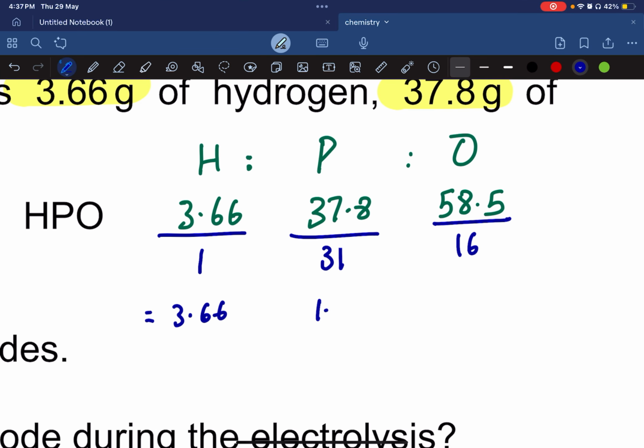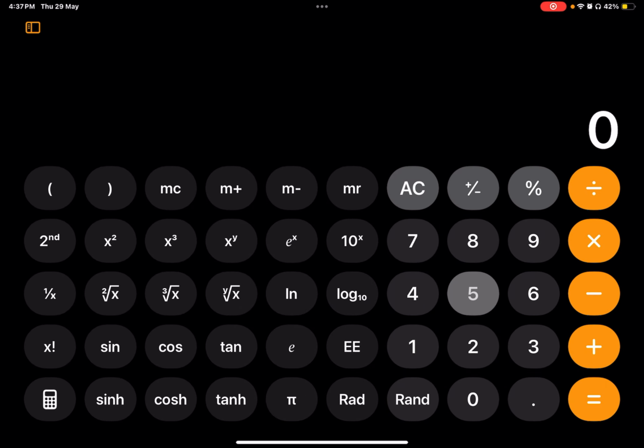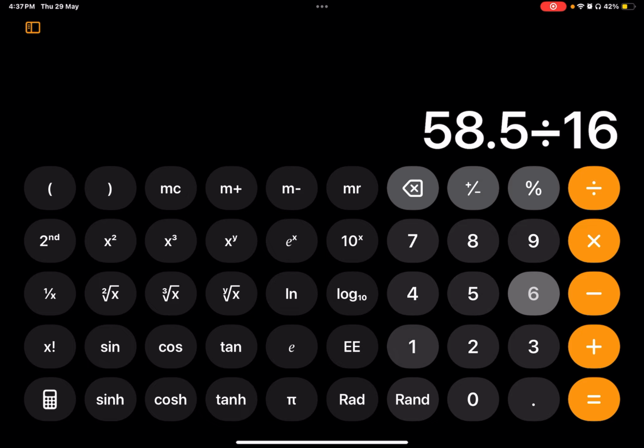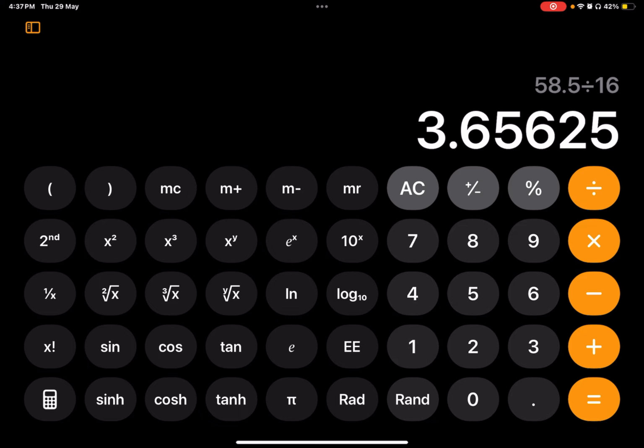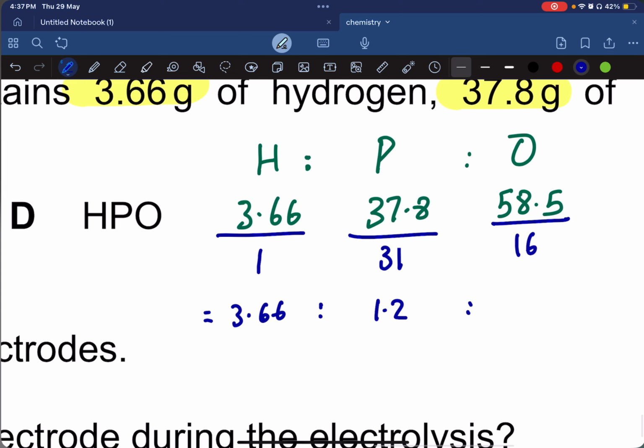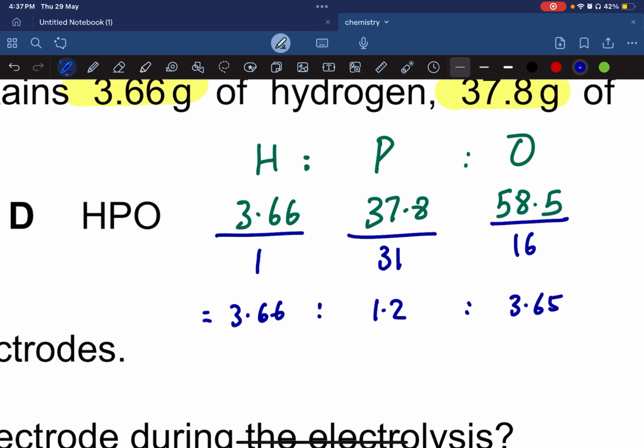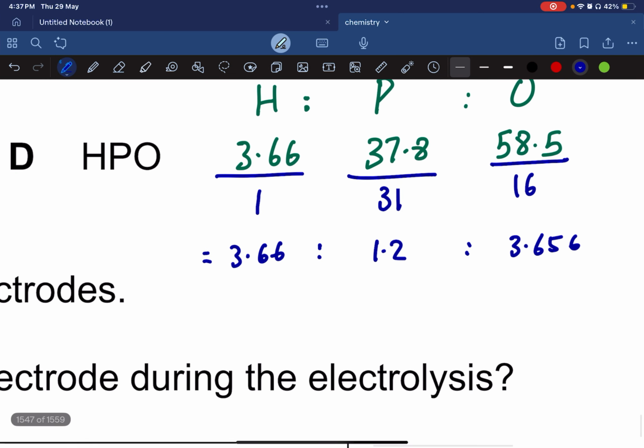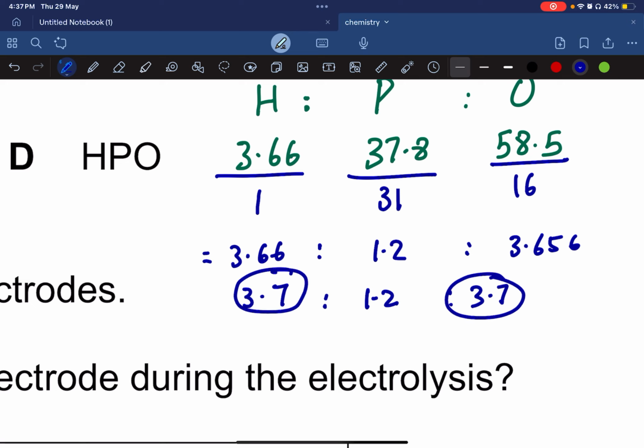And 58.5 divided by 16 gives me 3.656. Now if I round everything off to one decimal place, this turns out to be 3.7, this 1.2, and this 3.7. So these two are technically the same thing.